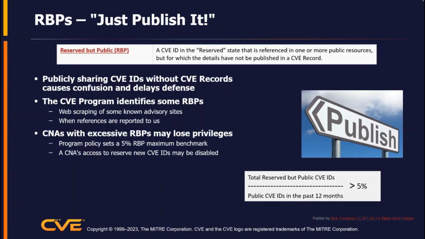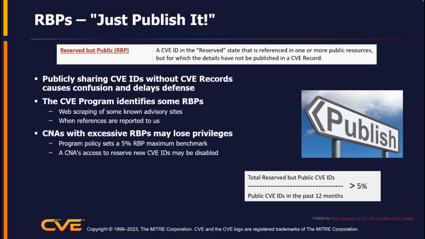So RBPs, I would guess, usually happen by mistake. It's when you get a CVE, whatever way you do, and you use that CVE in your system, and you publish an article about that CVE, about the vulnerability that you want to tell people how to protect themselves against, or other information about the vulnerability that is in your scope, and you forget about filling out the CVE corpus.